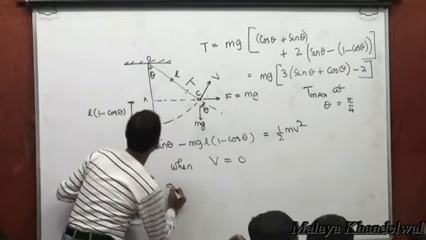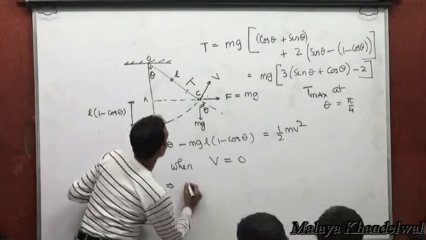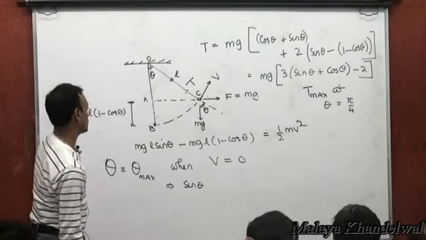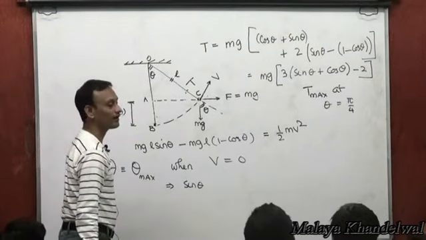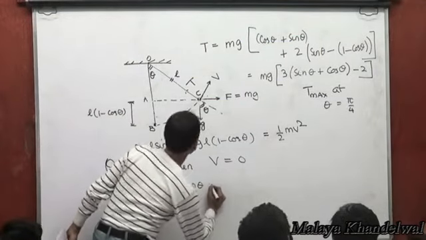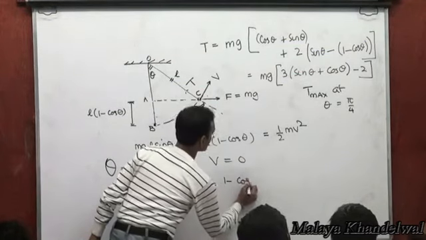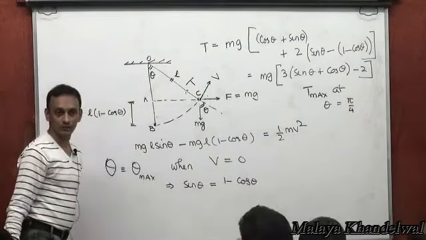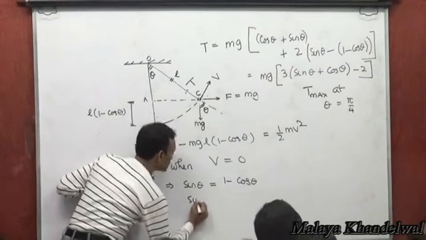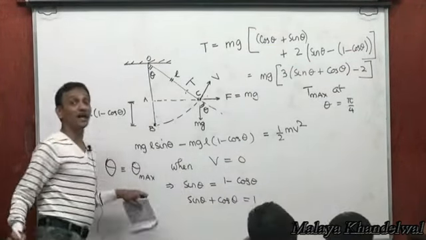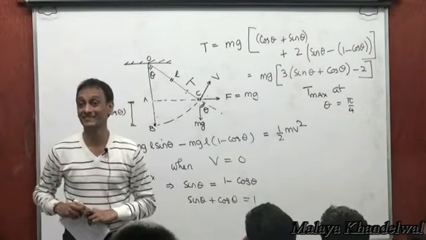Which means sin theta equals 1 minus cos theta, or sin theta plus cos theta equal to 1, and that can happen only when theta is 90 degrees.